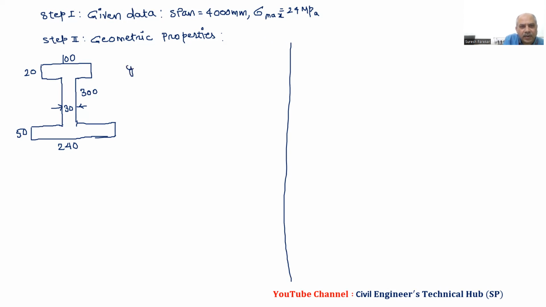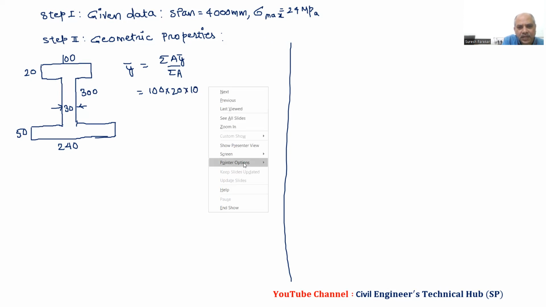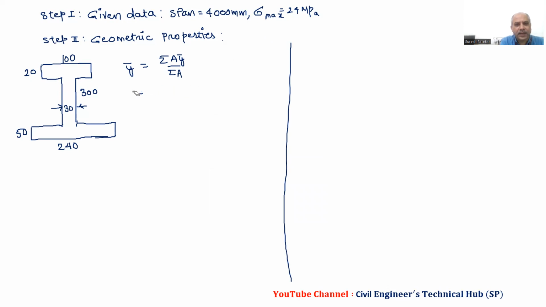So we have Y bar is equal to summation of A Y bar upon summation A. So we have 100 into 20 into 10, plus 300 into 30 into, now from the center, this will be 150 and this will be 170, plus 240 into 50 into, from here, this will be 25 plus 320.